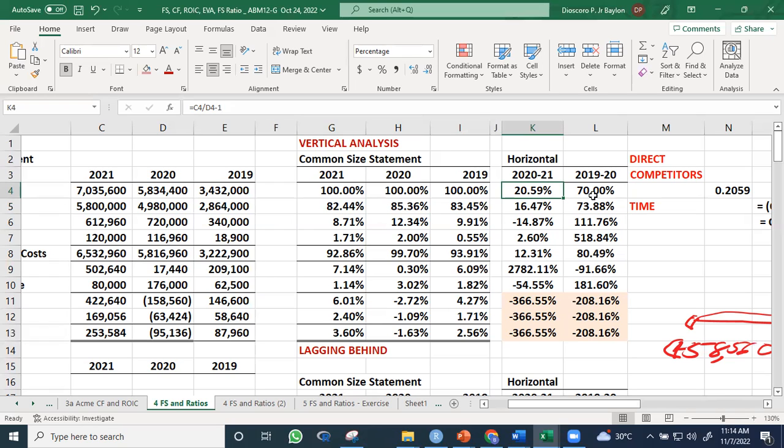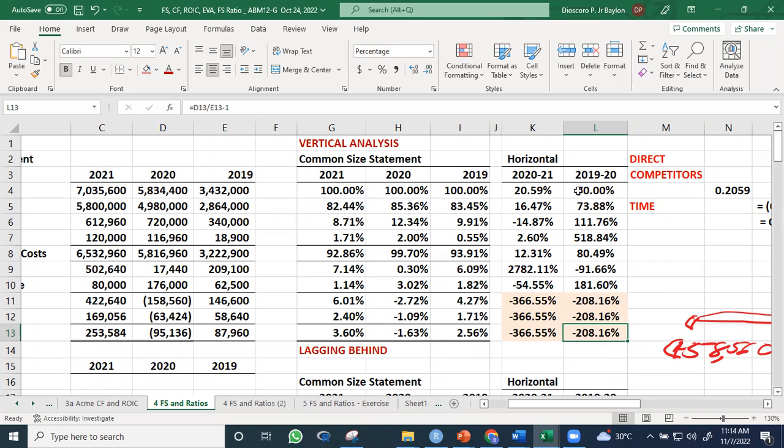Okay, so the growth in the 2020 to 2021 period was less than the growth in the 2019 to 2020 period. However, the glaring thing here is that sales grew by 70%, and yet the profit margin went down by 208%. Okay, so something has to be analyzed or has to be looked into by the company in terms of its operations.